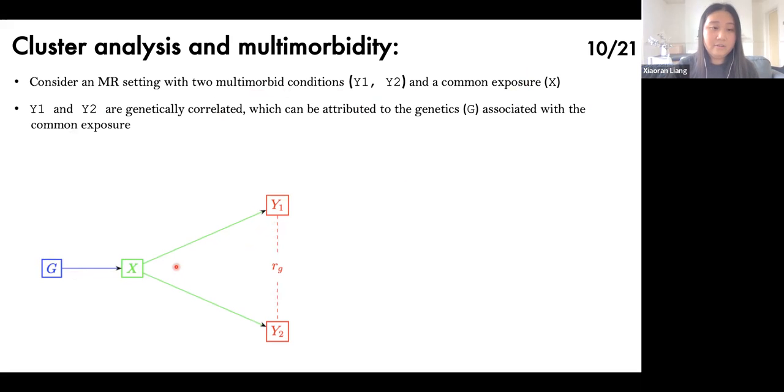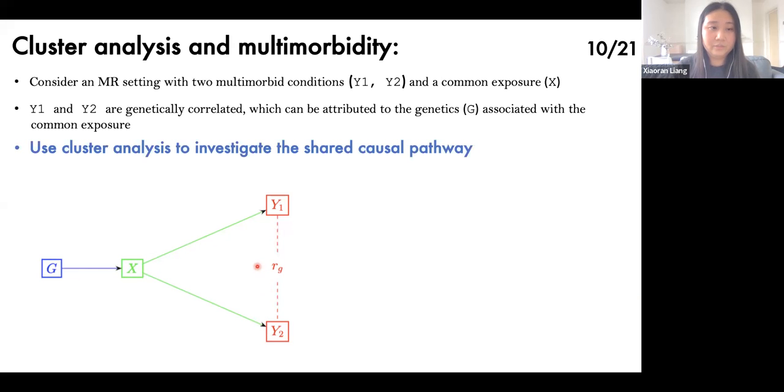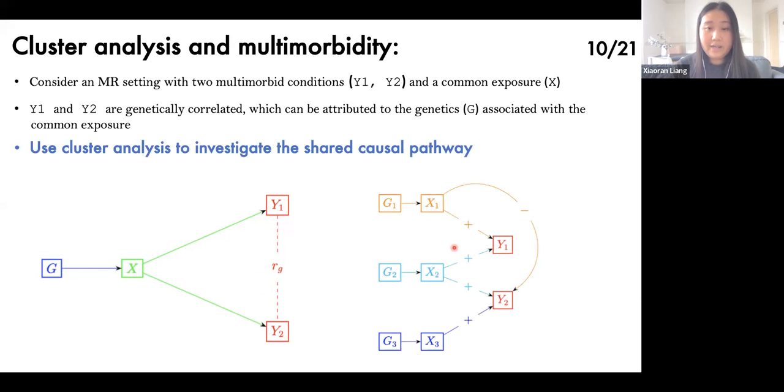And again, this common risk factor might have different components that affect those pair of conditions in different ways. So this is where we can use cluster analysis to help understand the shared causal pathway of these condition pairs. So here's a hypothetical example to illustrate cluster analysis in the context of multi-morbidity.